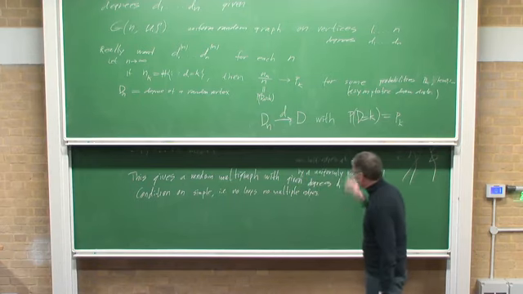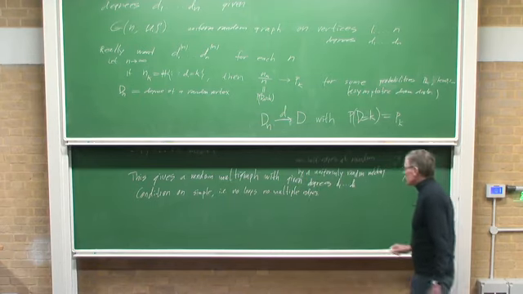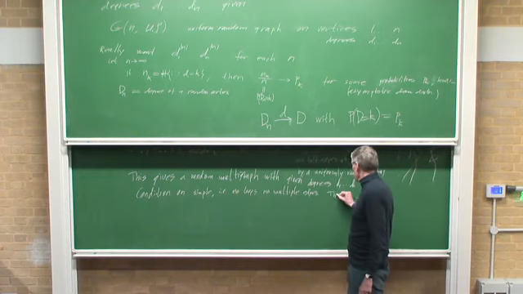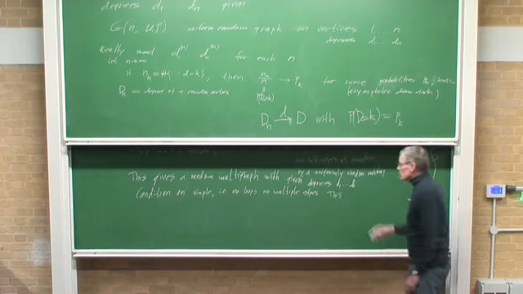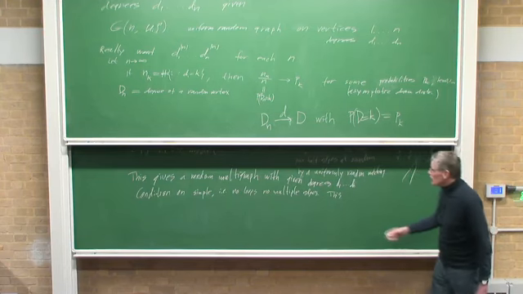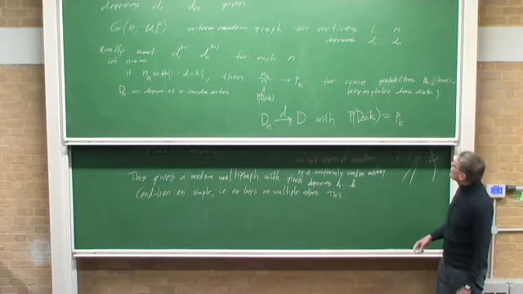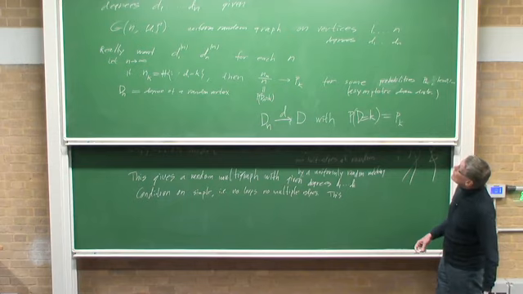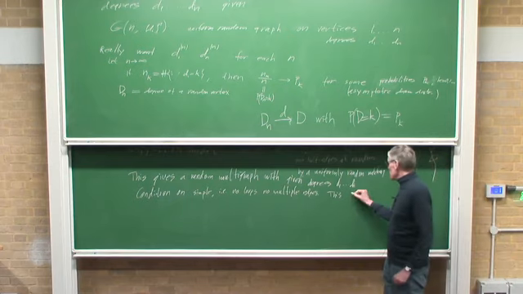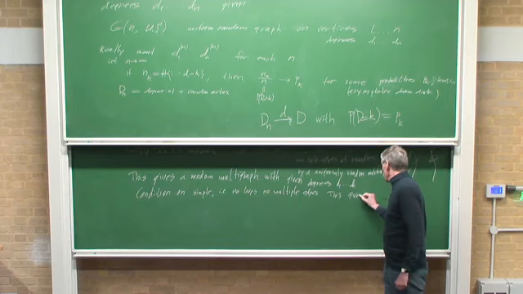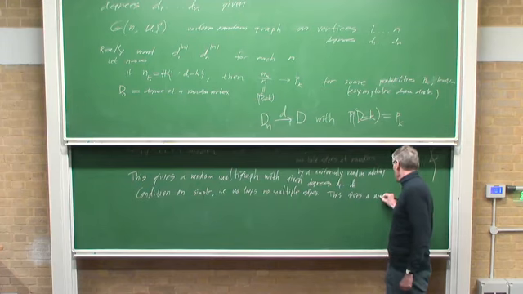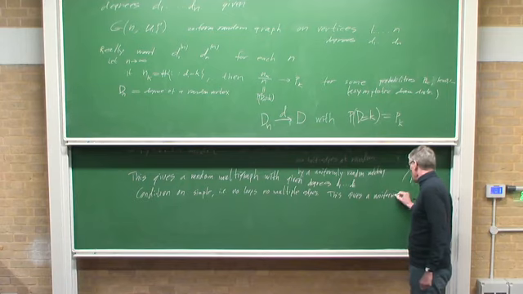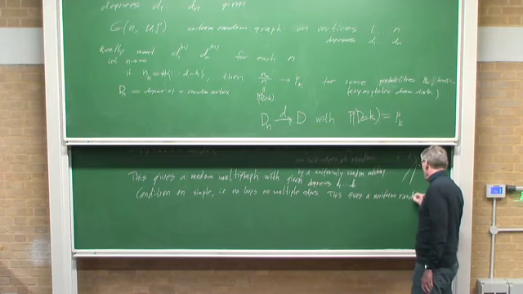And then the point is, as calculation shows, that this of course gives us a simple graph with given vertex degrees by definition, but it is really uniformly distributed all over. So this gives a uniform random graph, the one we wanted.